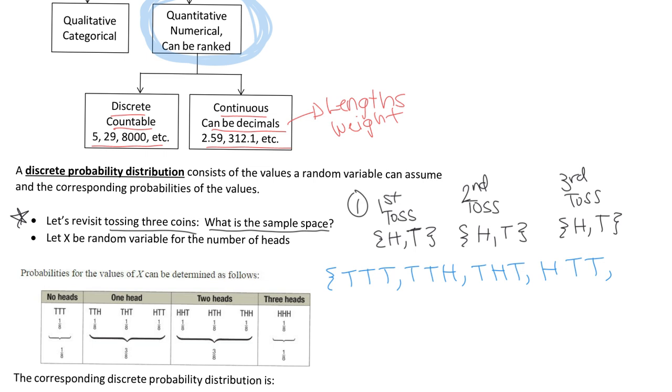Okay, I can keep going. I'm going to keep going because there's not that much more to do. Or I could get heads, heads, tails, heads, tails, heads, tails, heads, heads, heads, heads, heads. These are the only possibilities that I could get.